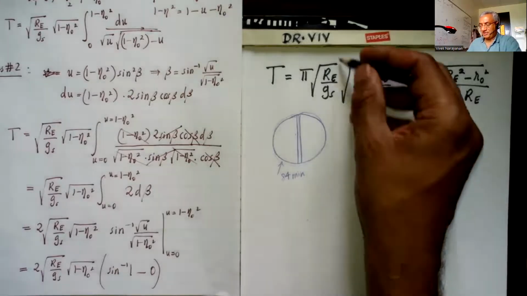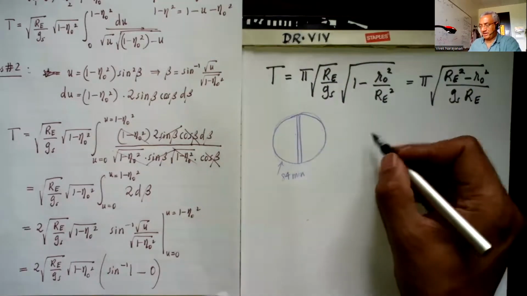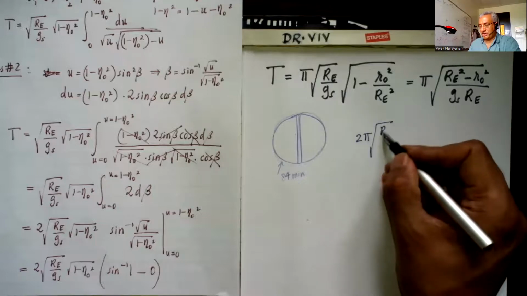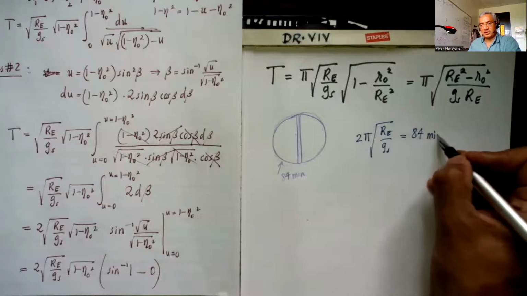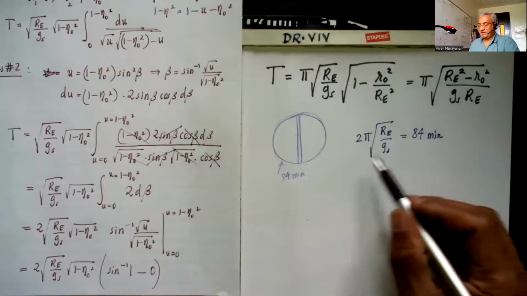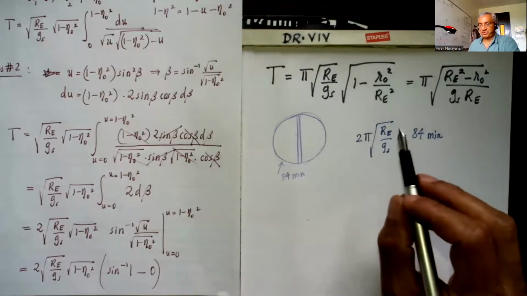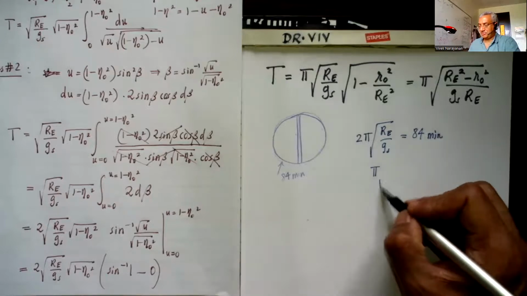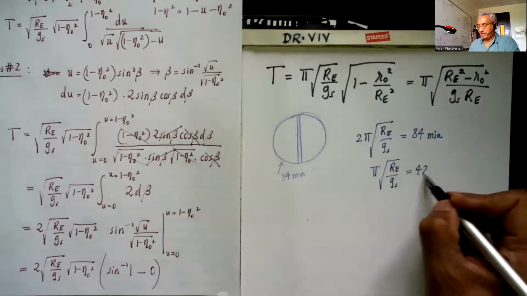So let's try to find out what that period would be. I'm saying that 2 pi times root r e over g s is 84 minutes. Let's see if we get half of that, because that's the transit time. So transit time should be pi times root r sub e over g s. That's 42 minutes.